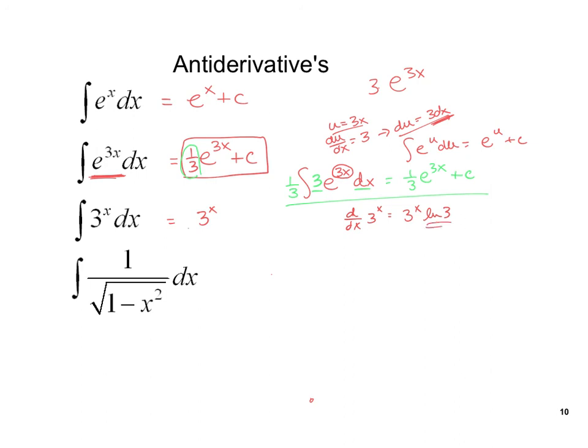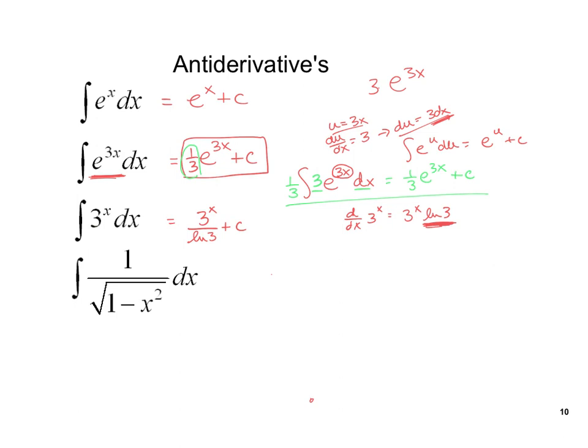So what if I say the antiderivative is 3 to the x over the ln of 3 plus c? Now when I take the derivative, that chain rule ln of 3 will cancel out with this ln of 3 right here. So when I take the derivative of this, since this is supposed to be the antiderivative of 3 to the x, when I take the derivative of this, it should equal 3 to the x.